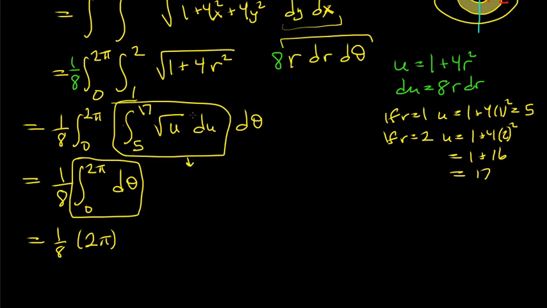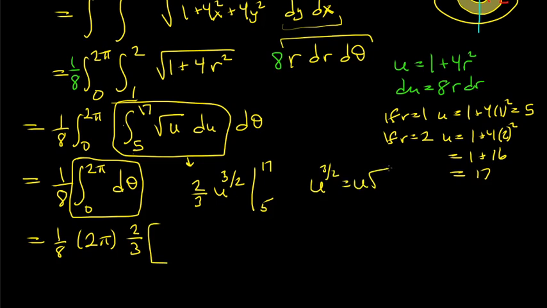The integral of the square root of u, u to the 1/2, is 2/3 u to the 3/2. Then we just plug in the 5 and the 17. Remember, u to the 3/2 is just u times the square root of u.